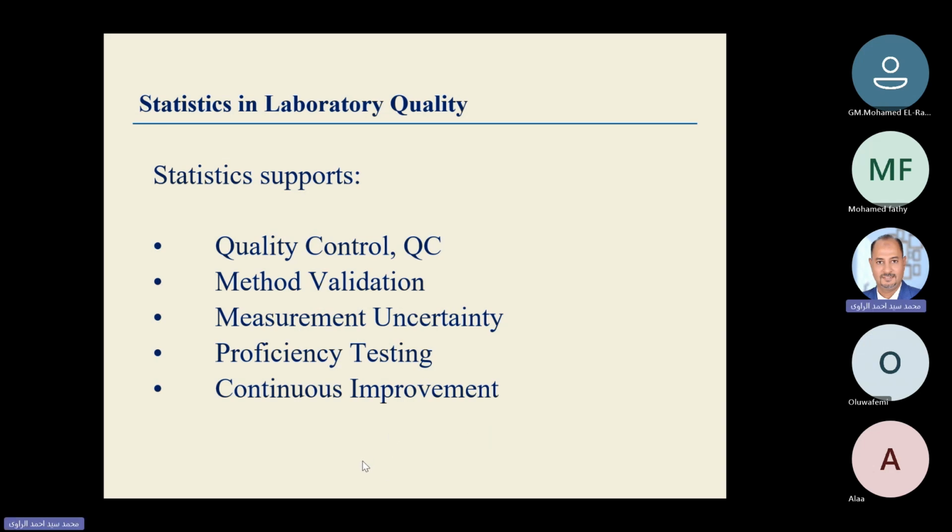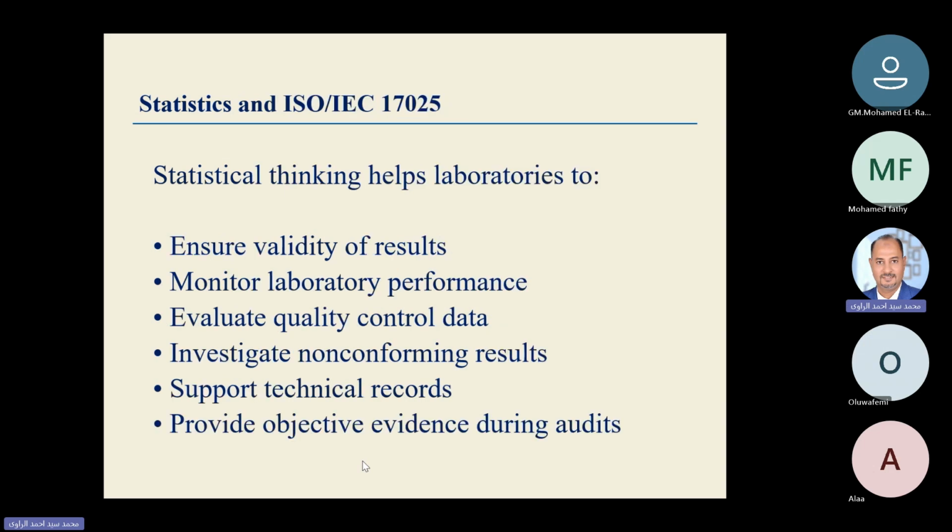Also, statistics support ISO 17025, or statistical thinking helps laboratories to be accredited in ISO 17025. First, it ensures validity of the results by using tools such as mean, standard deviation, recovery, precision, and measurement uncertainty.